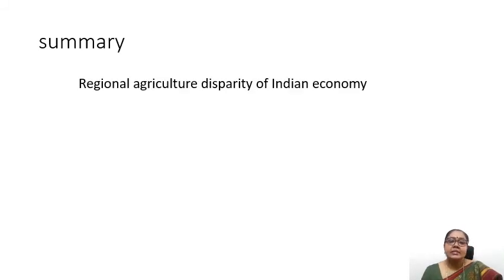So let's summarize what we have studied. We looked into the various aspects of soil fertility available in India, the kind of rainfall it receives, and what kinds of crops, fruits or vegetables could be grown in these areas.